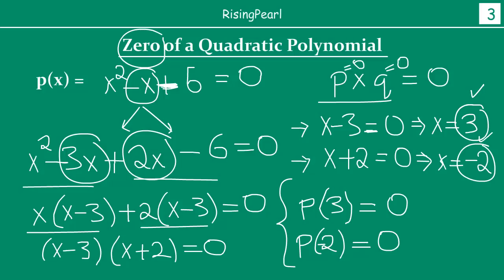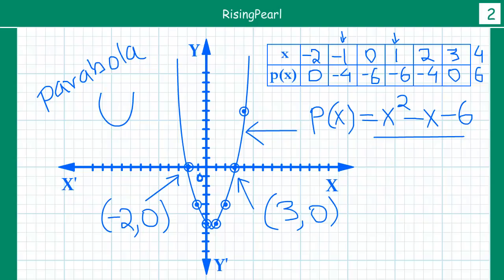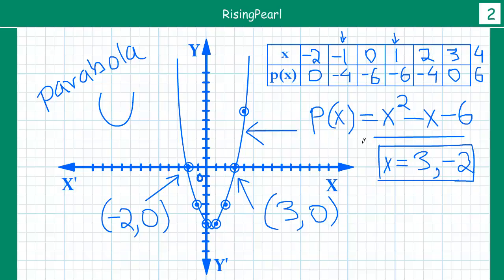Now quickly, let's go back and take a look at the graph that we had drawn earlier. So I'm going to go back here. We just saw that x equal to plus 3 and x equal to minus 2 are the two zeros of the quadratic polynomial p(x), x squared minus x minus 6.